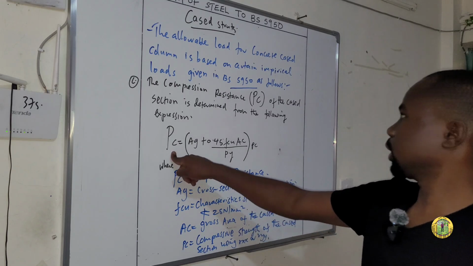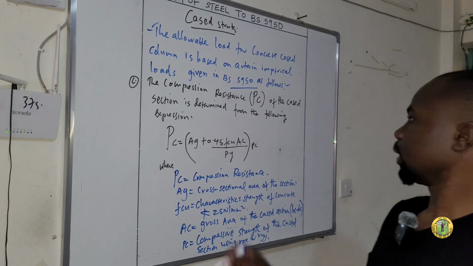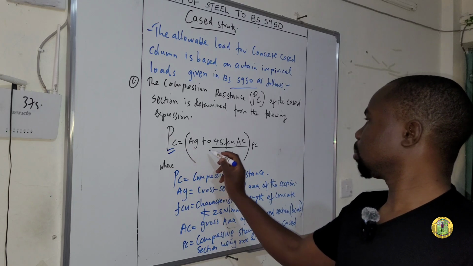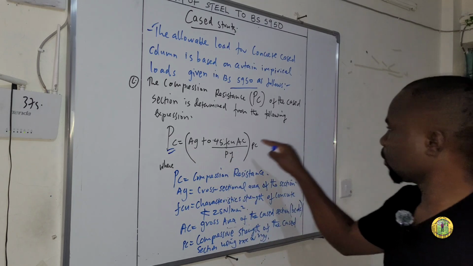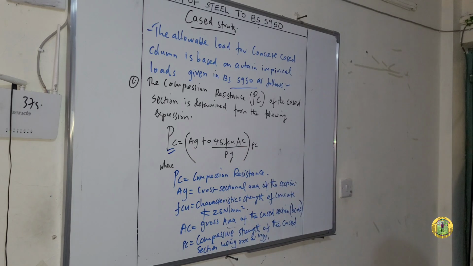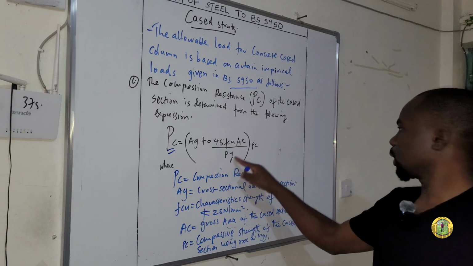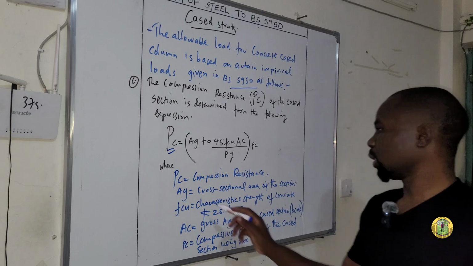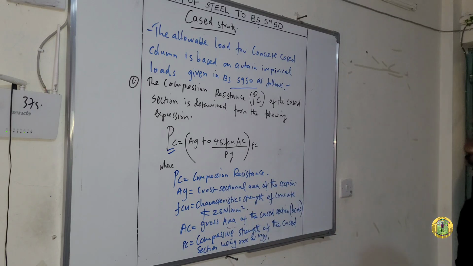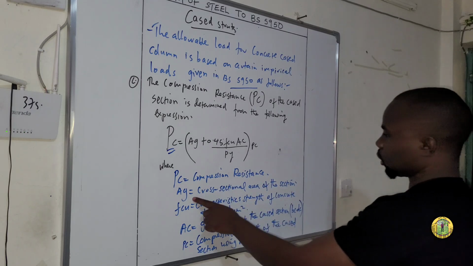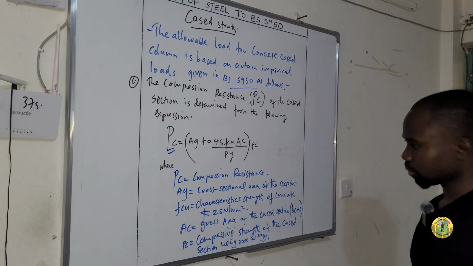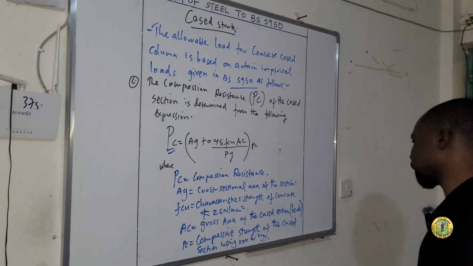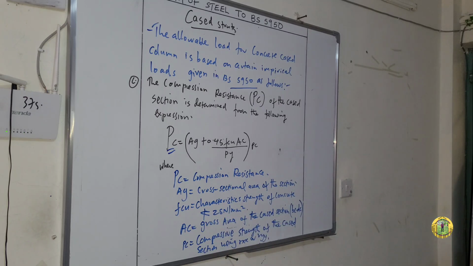So PC, which is the compression resistance, is equal to AG plus 0.45 FCU capital AC over PY, then into bracket small pc, whereby capital PC is the compression resistance, AG is the cross-section area of the section, FCU is the characteristic strength of concrete, and it must not be less than 25 Newton per millimeter square.